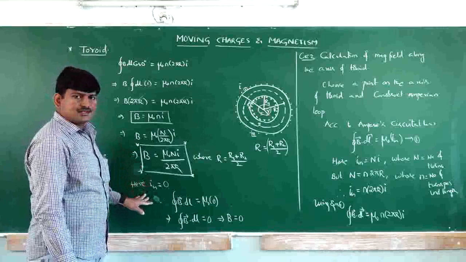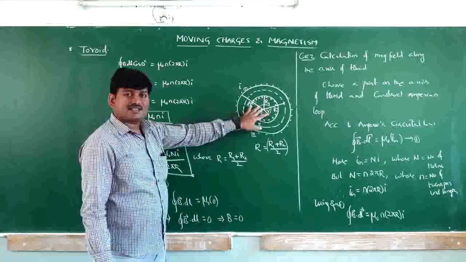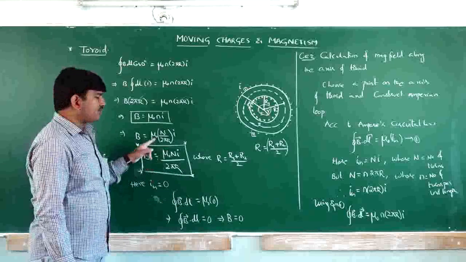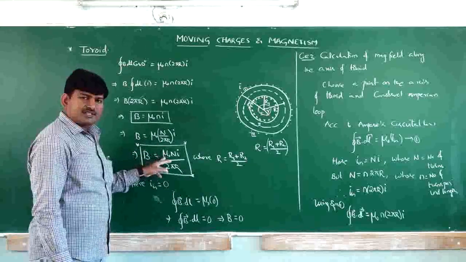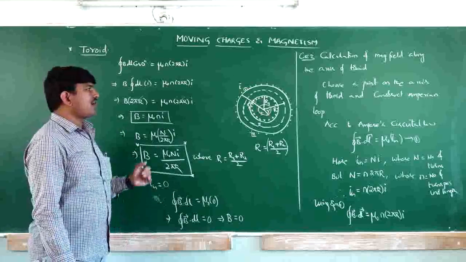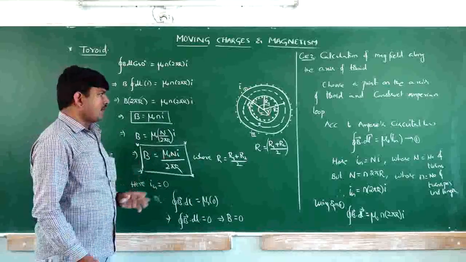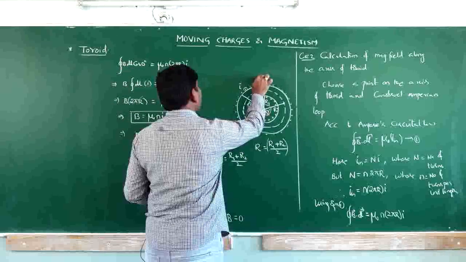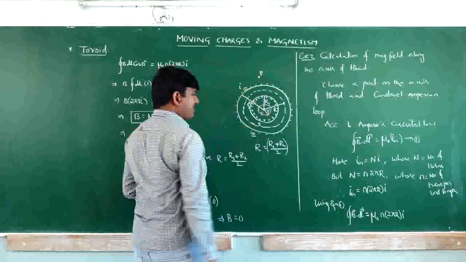Now, what we understood in region 1, that is well inside the toroid, is that there is no magnetic field. But in region 2, that is along the axis of the toroid, there is a magnetic field which is given by mu naught N I divided by 2 pi r. The third case is, what is the magnetic field outside the toroid? Outside the toroid means I have to choose a point somewhere else here. This is a point which is outside, in region 3.